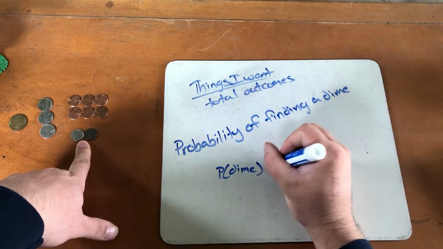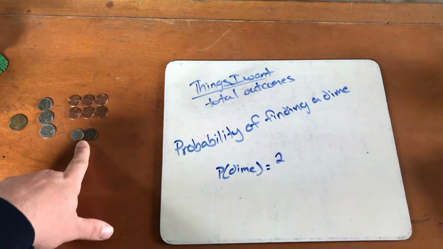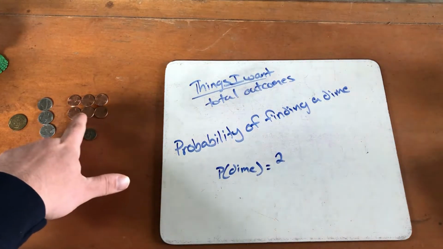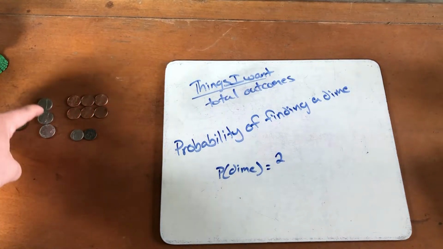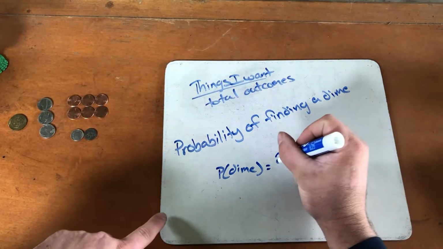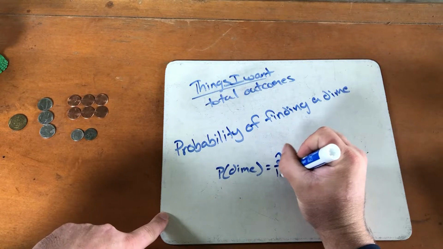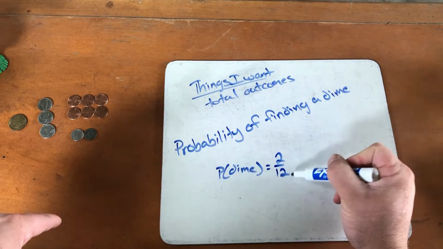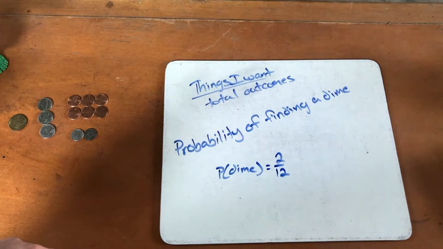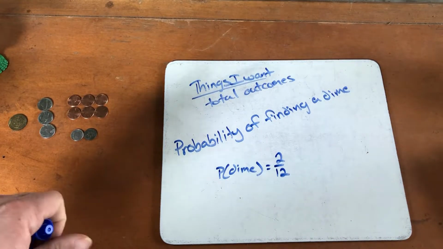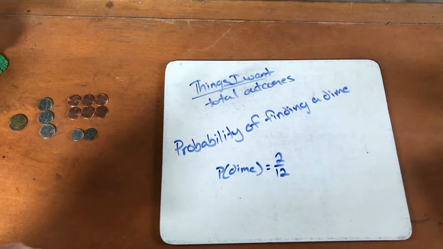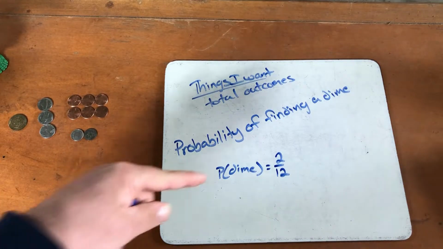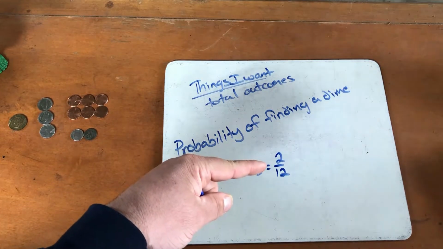Now, when I look at the probability of a dime, I have 2 dimes. So there are 2 dimes out of 1, 2, 3, 4, 5, 6, 7, 8, 9, 10, 11, 12 total items. So I have a proportion of the things I want over the total outcomes. Now, the people that came up with math hate unsimplified fractions, so you have to make sure that you simplify that fraction.